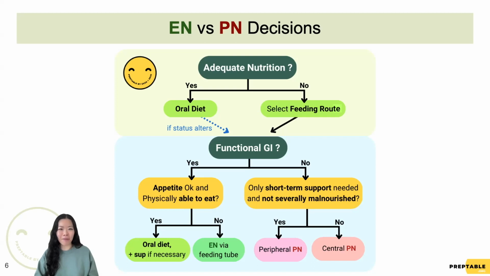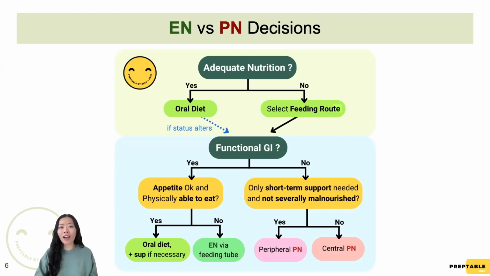On your RD exam, use whatever information is provided to estimate energy needs. We have already taught this in detail in lecture 6, so make sure you understand how to calculate nutrition intake before we move forward. Now, if your patient has adequate nutrition, continue with oral diet and reassess regularly.